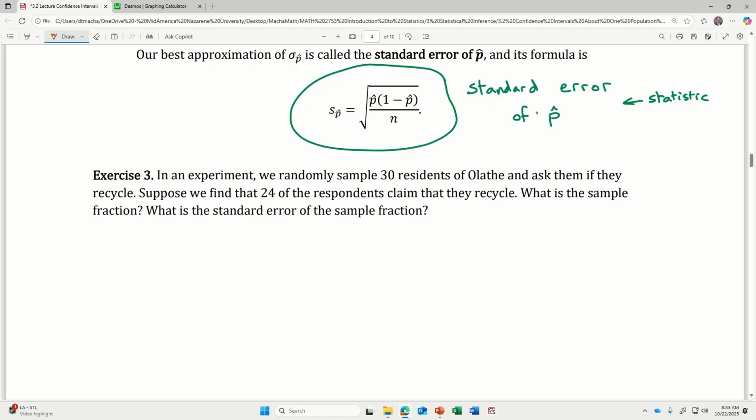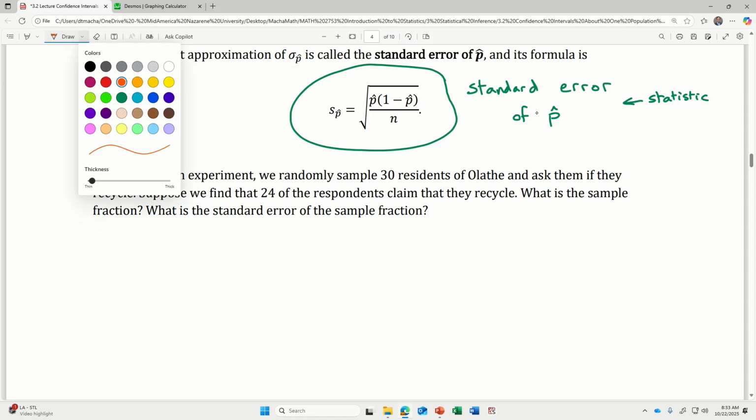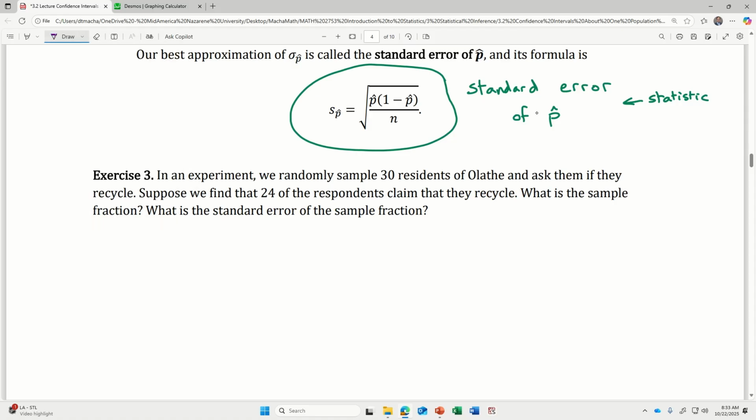In an experiment, we randomly sample 30 residents of Olathe and ask them if they recycle. Suppose that we find 24 of the respondents claim that they recycle. What is the sample fraction? It's not a hard question. It's 24 out of 30, which is 4/5, or 0.8.